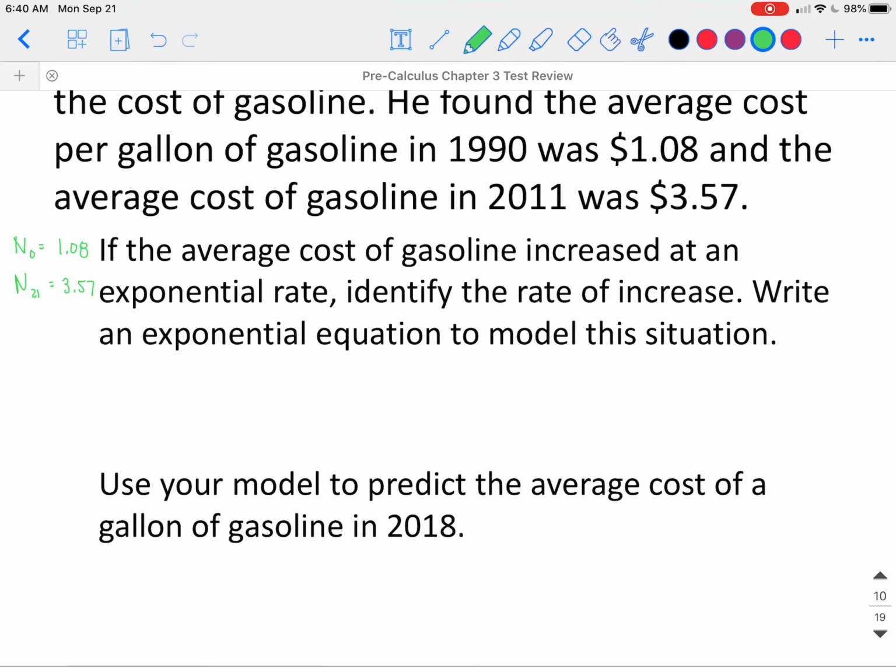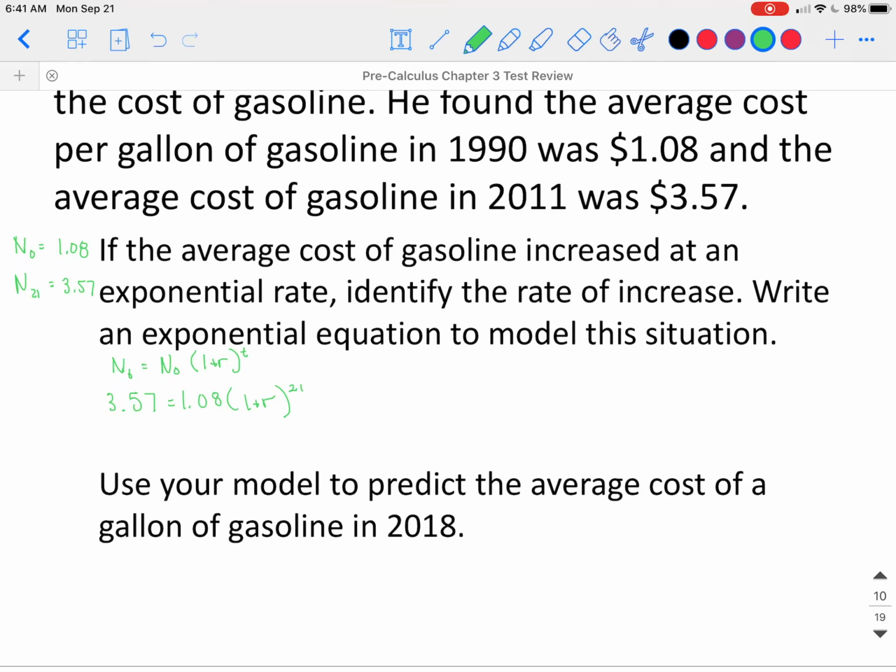The equation for an exponential is n sub t is equal to n sub 0 times 1 plus r raised to the t power. So if we substitute the information that we know, n sub t is 3.57, our n sub 0 is 1.80, and we know that from 1990 to 2011 is 21 years.